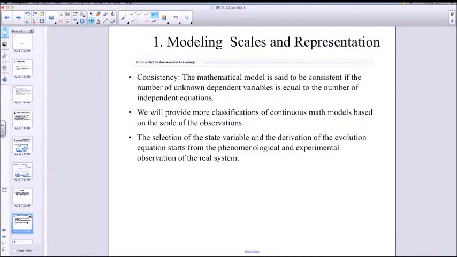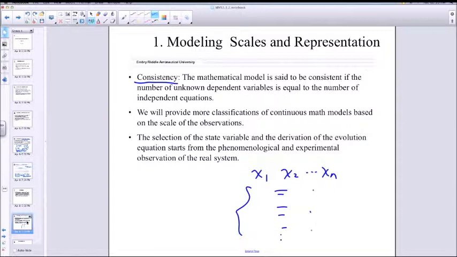Anyway, when you learn algebra, you learn the concept of consistency, or a well-defined system. Typically, if you have n variables in algebra, you need n equations to solve it, right?